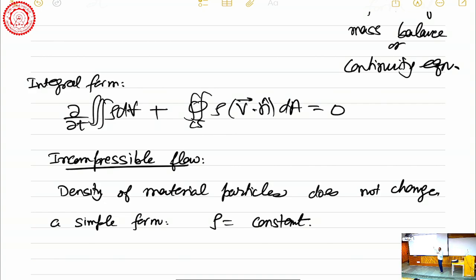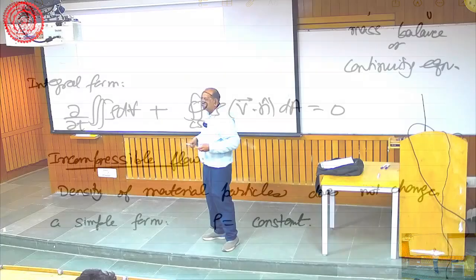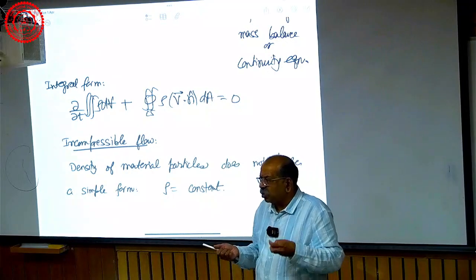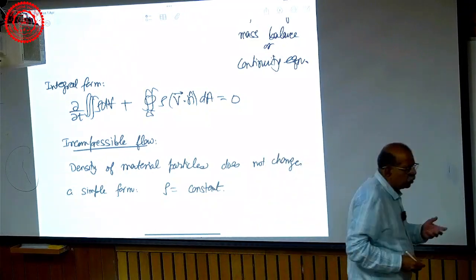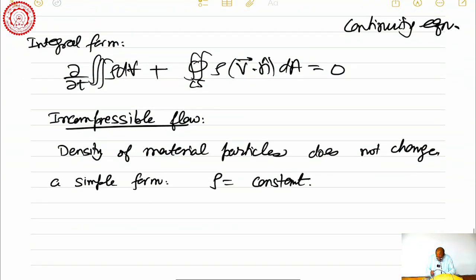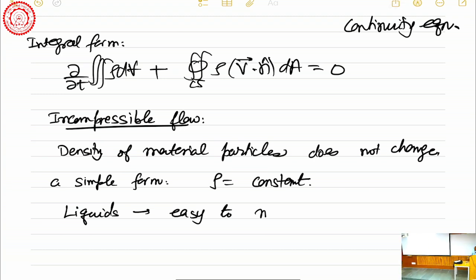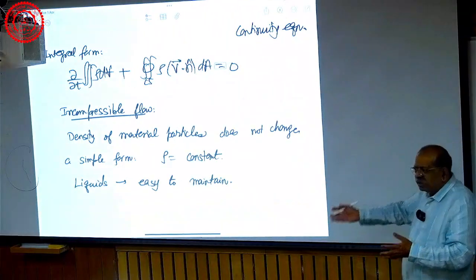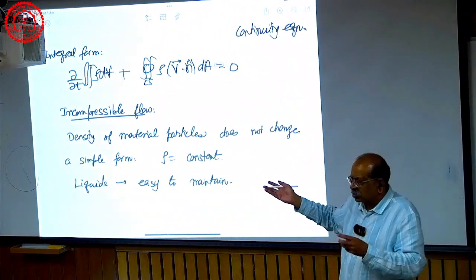Now in a flow, when we talk of rho is equal to constant, that is density is not changing. So this is generally for liquids, easy to maintain.